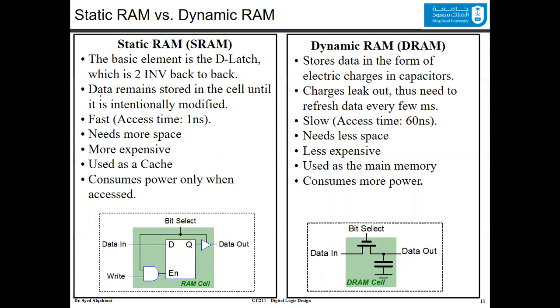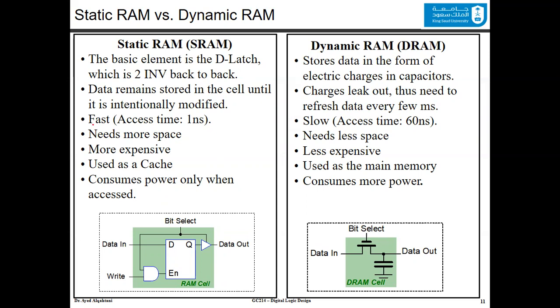So the data here, going back to the differences, the data remains stored in the cell until it is intentionally modified. So basically what we are trying to say here is there is no leakage, but here the charges leak out with time. Thus, we need to refresh the data every few milliseconds.